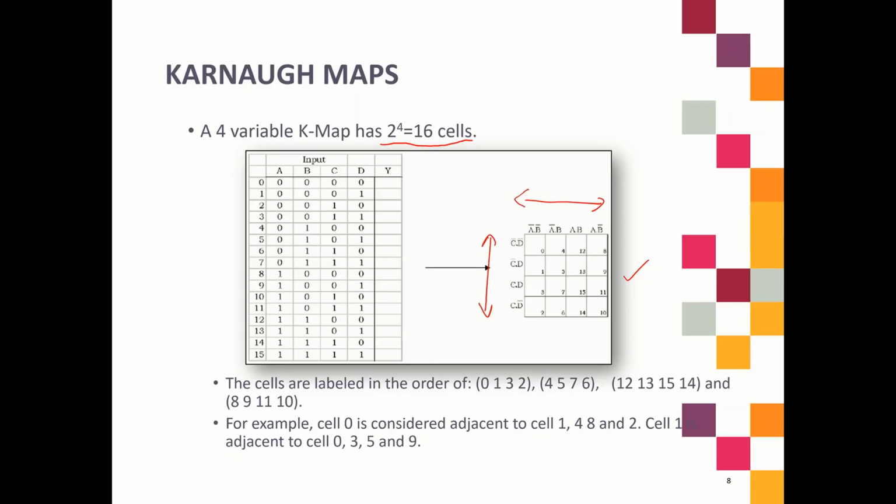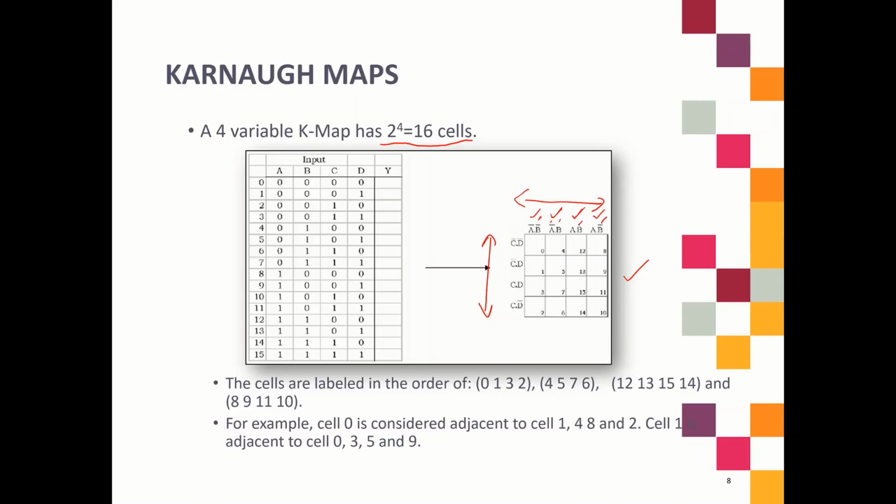Okay, so based on this K-map, you can compare this product term and this product term, which differ in only one variable, which is B. Here you have B bar and here you have B. Between this product term and this product term, they also differ in only one variable, which is A bar and A. And the last one, between this one and this one, also differs in only one variable, which is B and B bar.